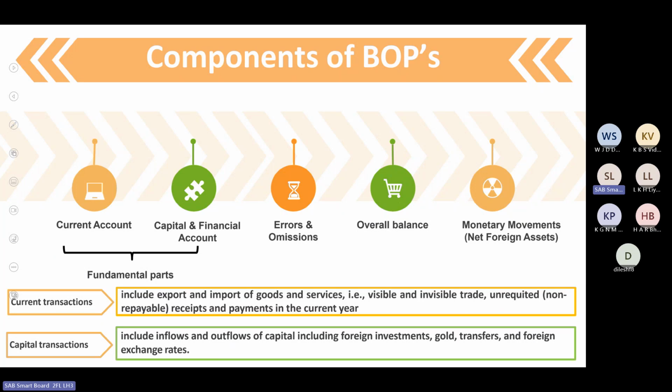Write down these things, 1, 2, 3, 4, 5: capital account, capital and financial account, monetary.